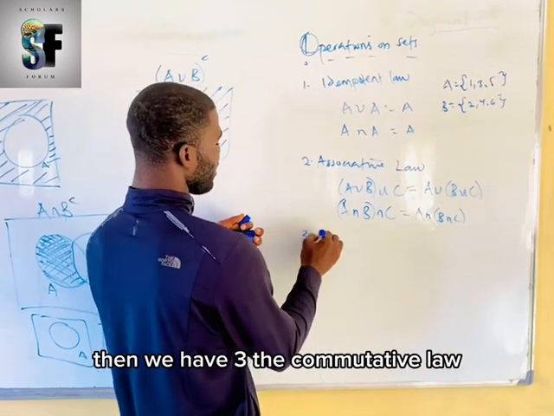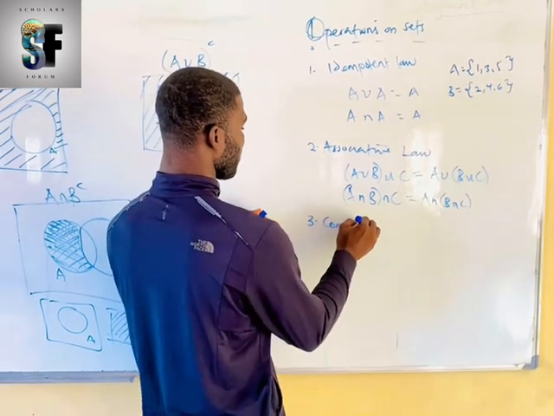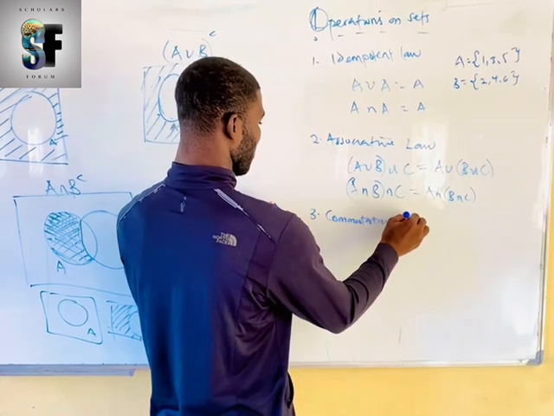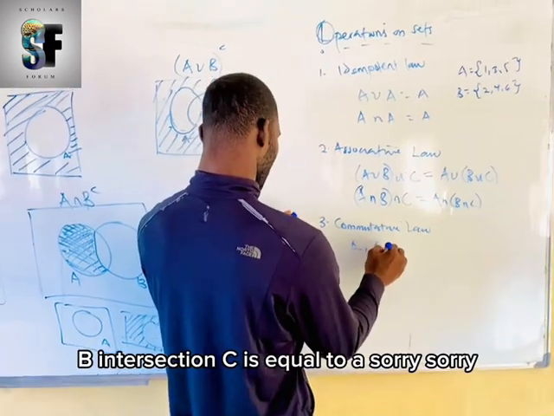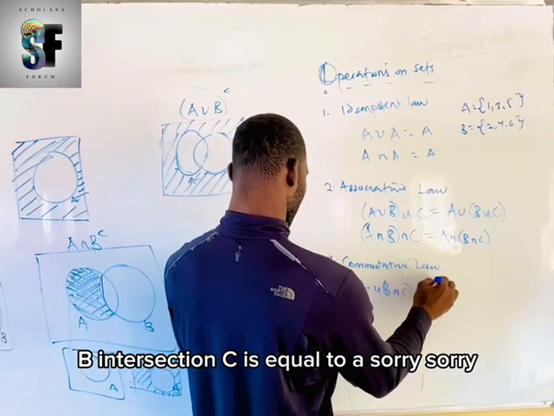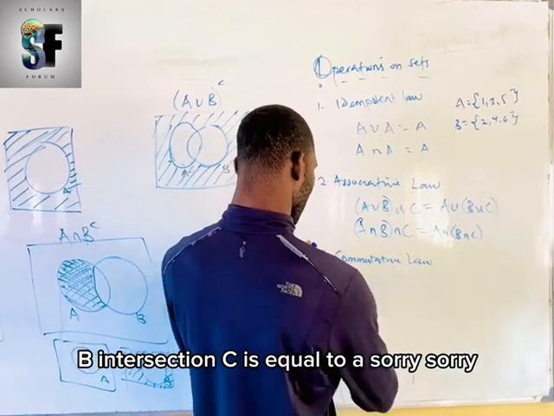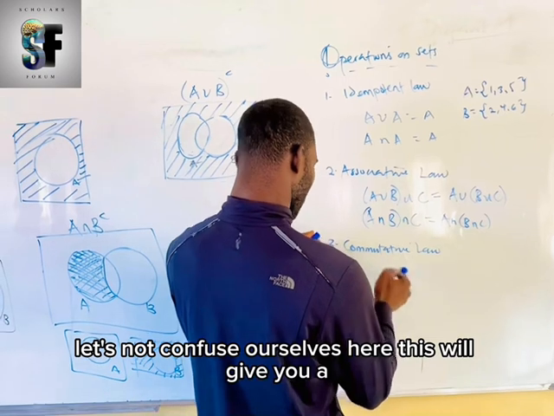Then we have 3, the commutative law. And that says A union B intersection C is equal to A, sorry. Let's not confuse ourselves here.